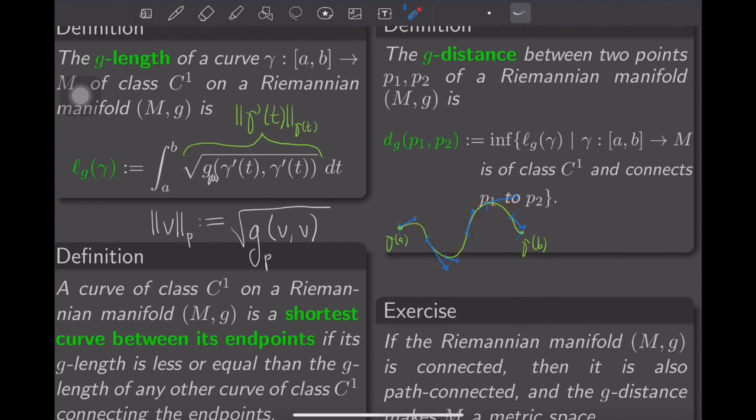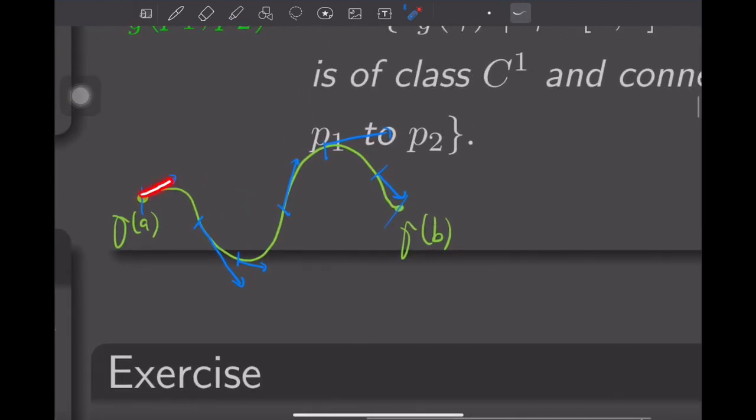And then you see, it's the norm according to the Riemannian metric. In the hyperboloid, this would really be the length, the norm, according to Minkowski's form. Right? Okay, and then you can say, as in calculus, this length can be approximated as the norm of this tangent vector, right?